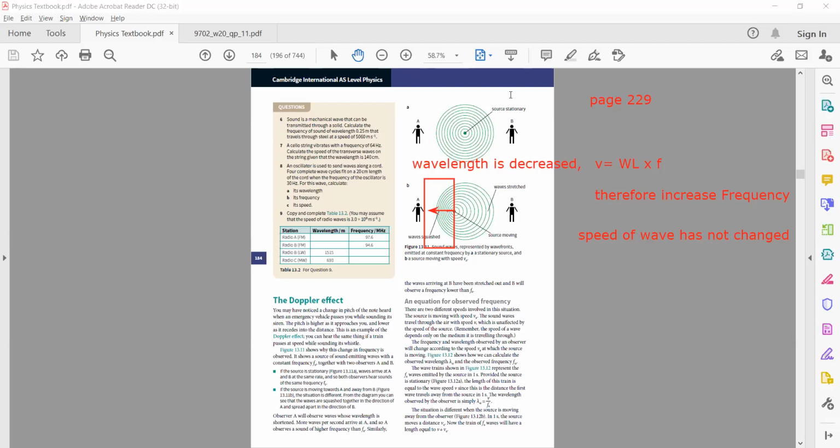And then you can do exactly the same on the right-hand side. So you can focus over here. If you focus on this side of the wave, hang on, sorry, I want to do that in a different color. If you focus on this side over here, you'll see that the wavelengths are slightly stretched out. So in this case, you would just say the opposite, and you would say here that wavelength increases, and therefore frequency decreases.